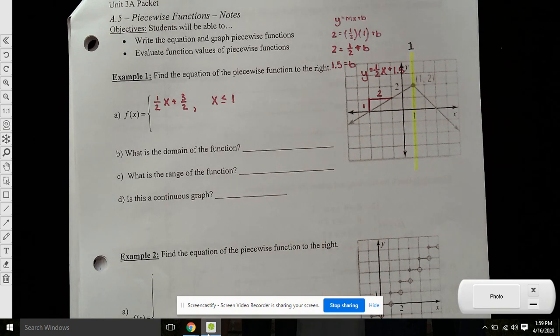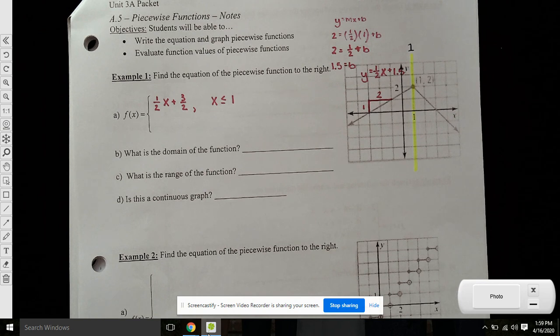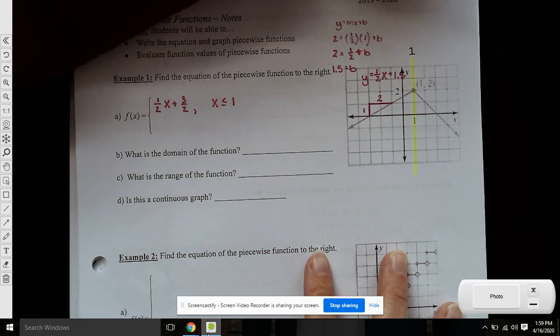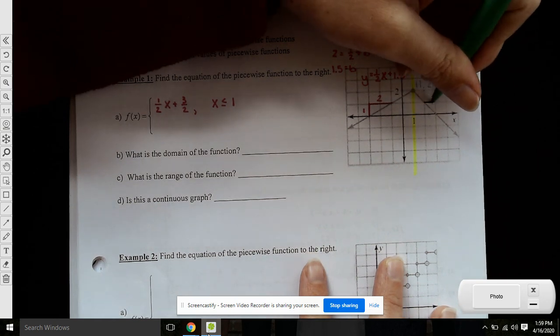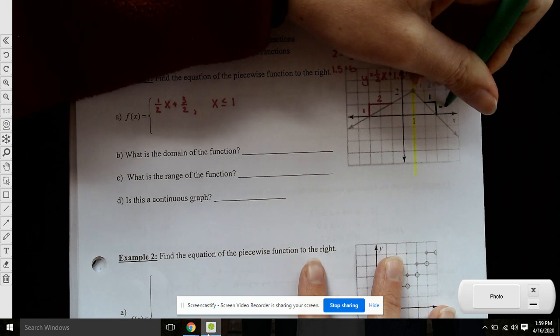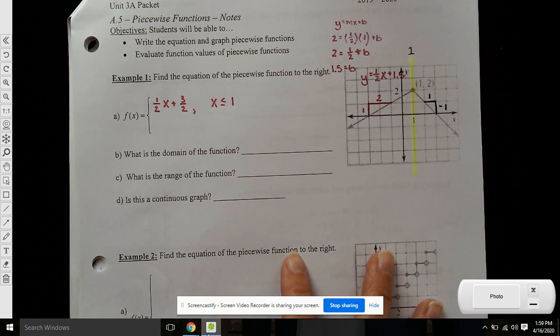So now I need to find the equation for the other side. For this equation here, I can use the same point because that is also on the line. So I'm going to make my triangle, and I see my slope is 1, -1. So my slope is going to be -1/1, which is just -1.